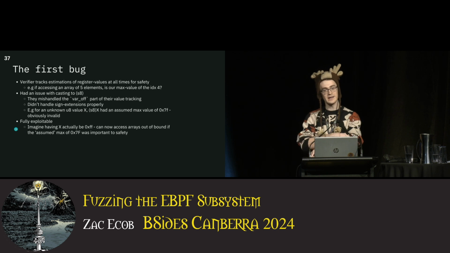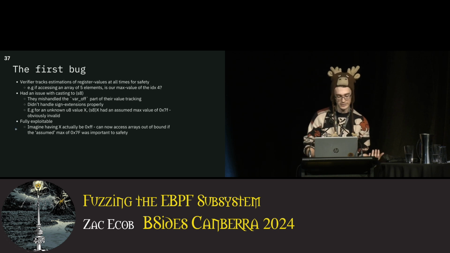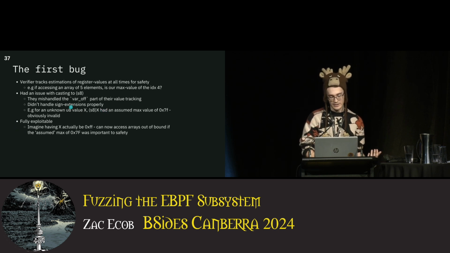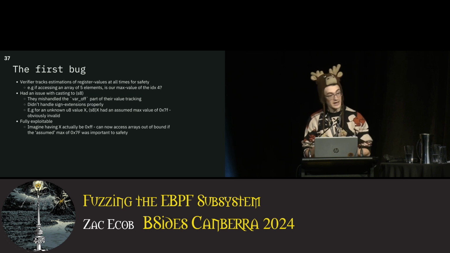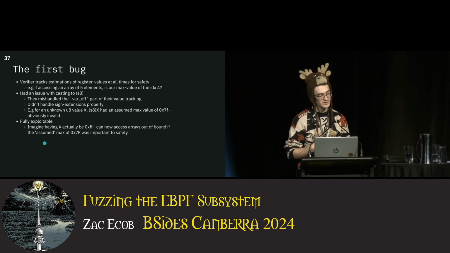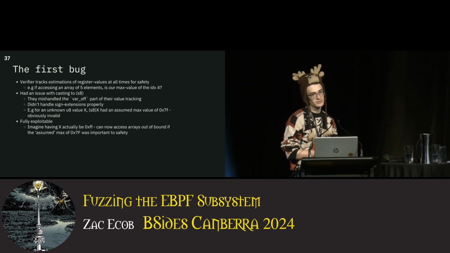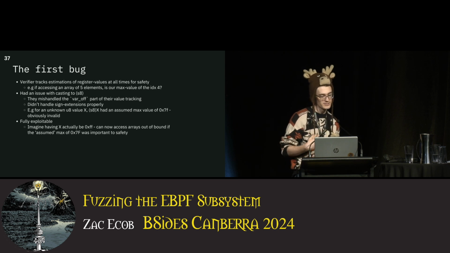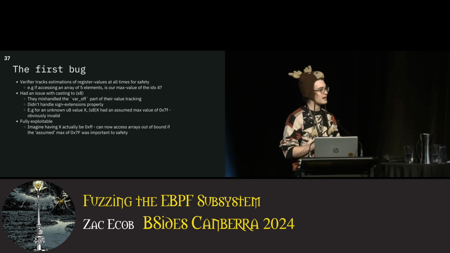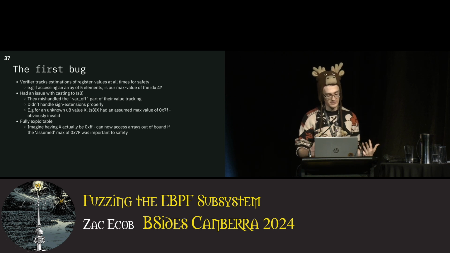And so if we had a completely unknown value x, the cast of it, signed 8 x, had an assumed max value of 0x7F. That's not right. You can have 0x80 and 0xFF. And so this is fully exploitable. These are the types of bugs you really want from the verifier because misassumptions about values allow you to craft out-of-bounds stuff based on them.